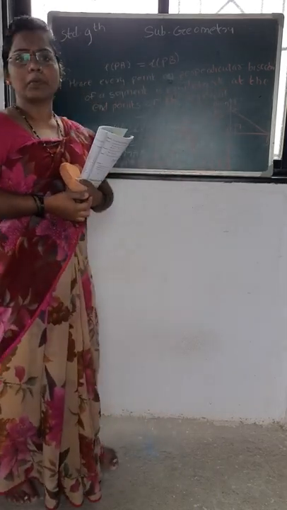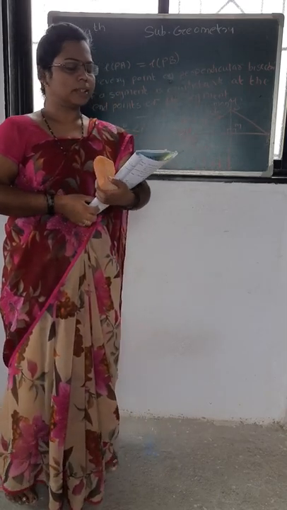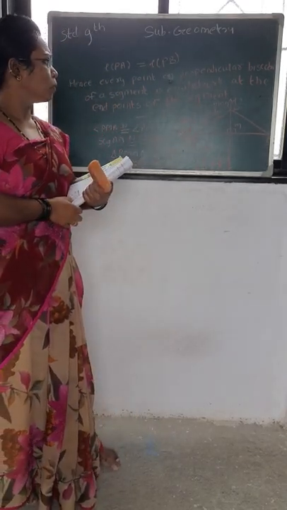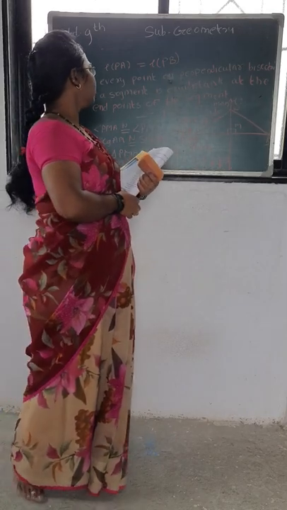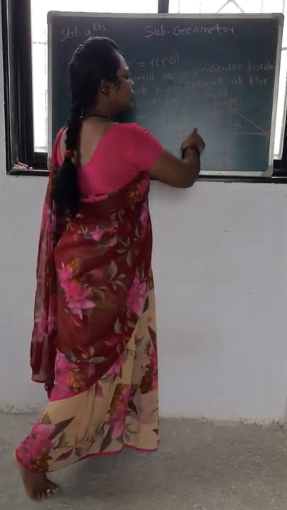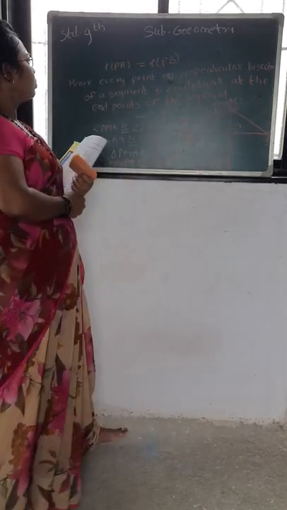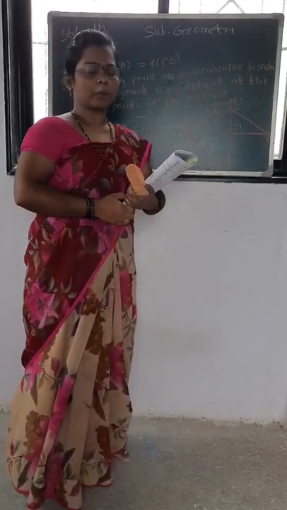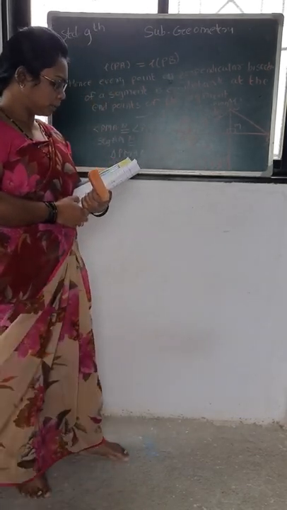This is the proof of part first. Hence, every point on the perpendicular bisector of a segment is equidistant from the endpoints of the line segment.